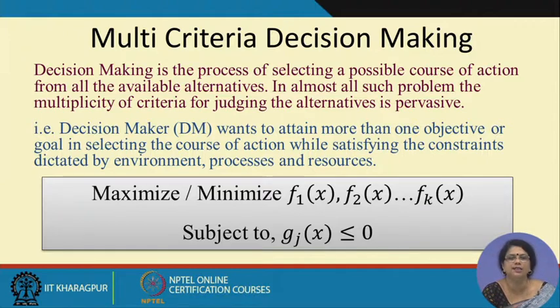We call this kind of problem a multi-criteria decision making problem, but it will take the name multi-objective decision making problem when we have a feasible space with an infinite number of options. But if in the feasible space we have a finite number of options, we call the multi-criteria decision making problem a multi-attribute decision making problem.